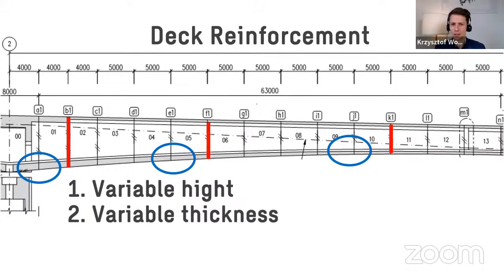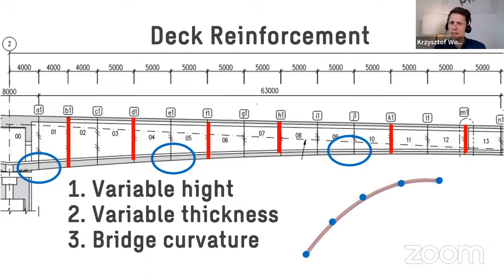However, you can also see that the top of this bottom deck is defined by another parabola. This gives us variable thickness in every single segment. And the third reason, as I already said, is that the bridge is curved, vertically and horizontally. This all gives us a really hard geometry to model.